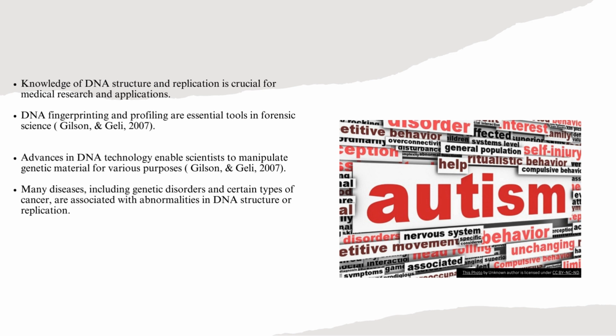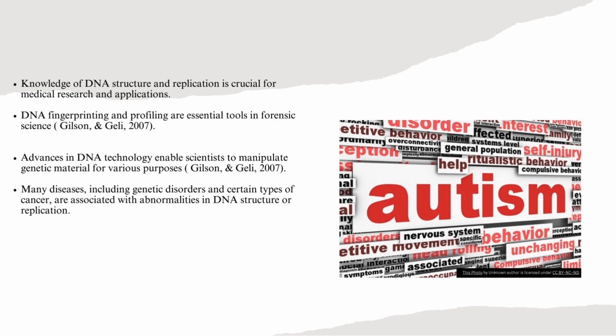Next, we have DNA fingerprinting and profiling. These are essential tools in forensic science. The unique DNA sequence of individuals allows for the identification of individuals from biological samples, such as hair, blood, or saliva, even in very small quantities.